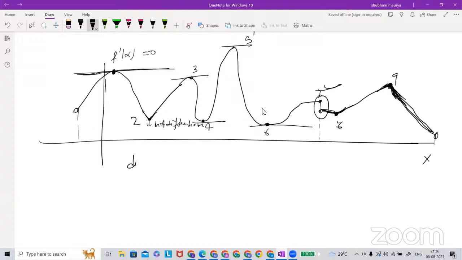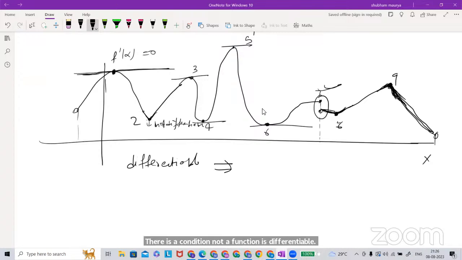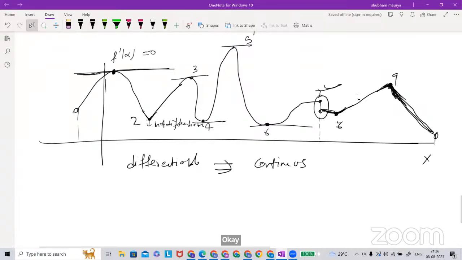There is a condition: a function is differentiable implies the function is continuous. So can we calculate the derivative at 7? No, we cannot conclude the derivative here. But we are sure that this is going to be a critical point.